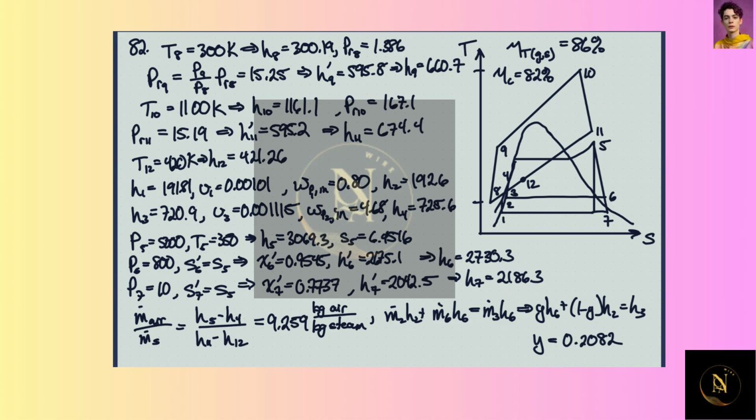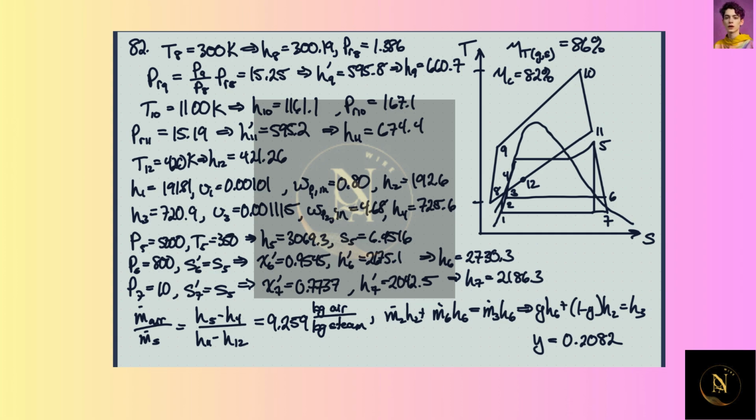So then we have to preheat the feedwater. Let's see here. What else do we have? 100% efficiency for the pump, 82 for the compressor, 86 for the turbines.